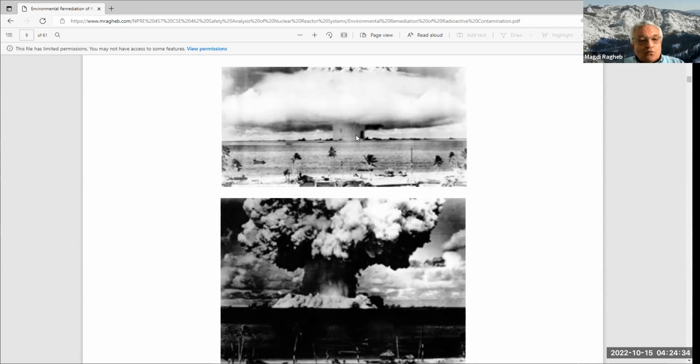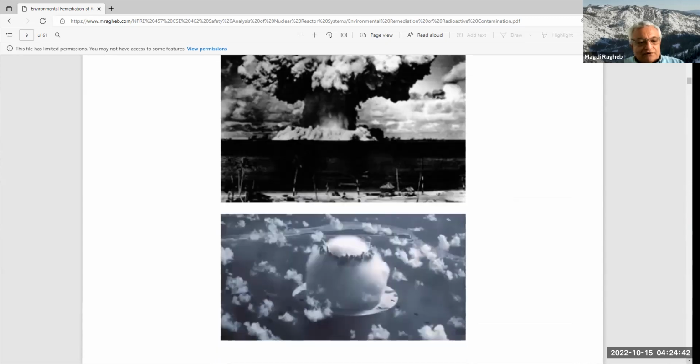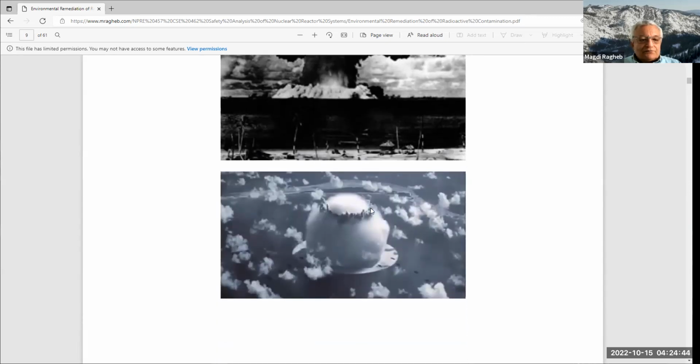Then that water that rose up fell down, and it created a surge in the water, and that is really what caused the primary damage. Again, another picture of that event where the ships are moored here and the explosion happened underwater. It was not a very high yield explosion. It was only about 20 kilotons, the same yield as the explosion on Hiroshima or on Nagasaki.